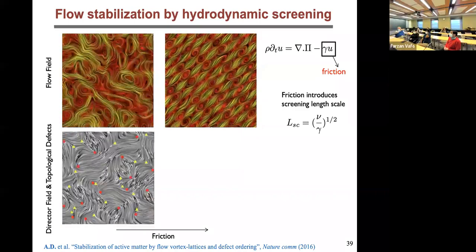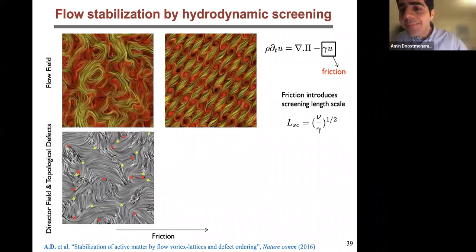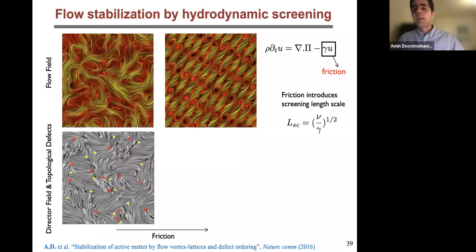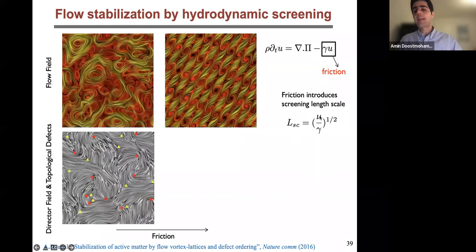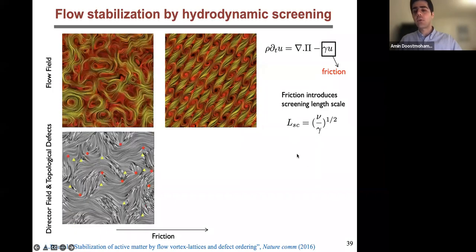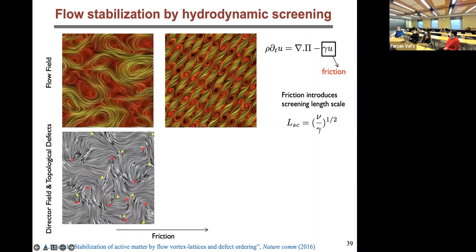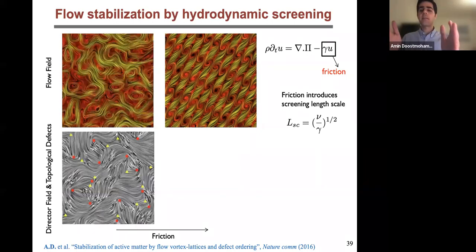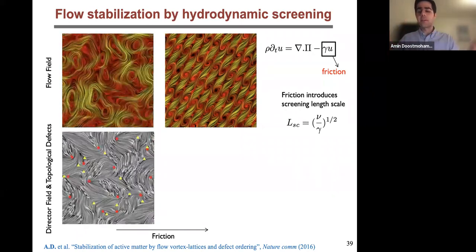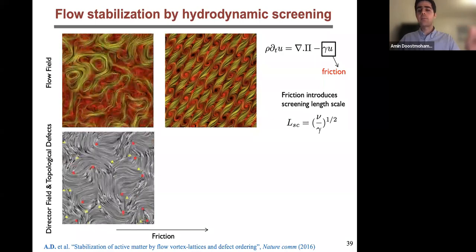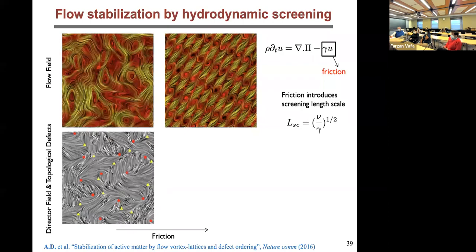Wow. So there's a question in the back, though. What is this screening length scale? What's the meaning? It is essentially the ratio of the kinematic viscosity to the friction coefficient. The meaning of it is that it describes over what length scale the hydrodynamic effects decay very fast. They are screened. It's like putting a flow in a confinement, and this is the effect coming from the friction in the system.